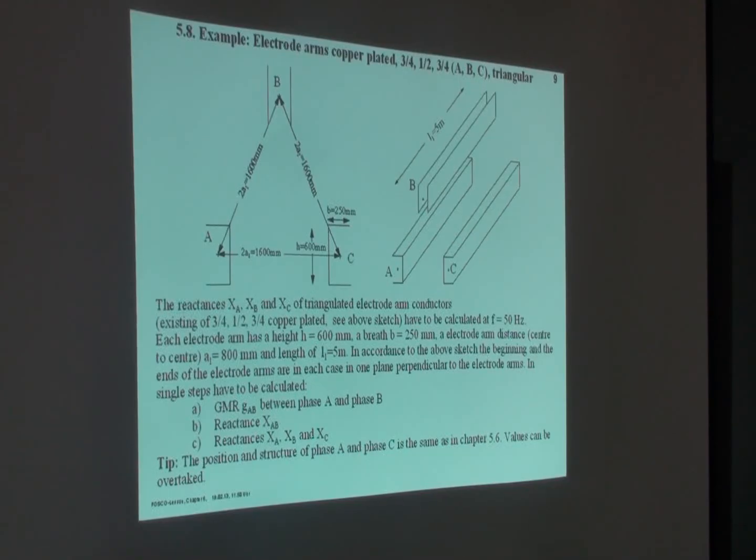Not triangulated, not symmetrical, but nearly symmetrical. I think it's 5% not symmetrical. But it's nearly symmetrical. You can use the program and change the position of the electrode arm, and then you can see what happens.